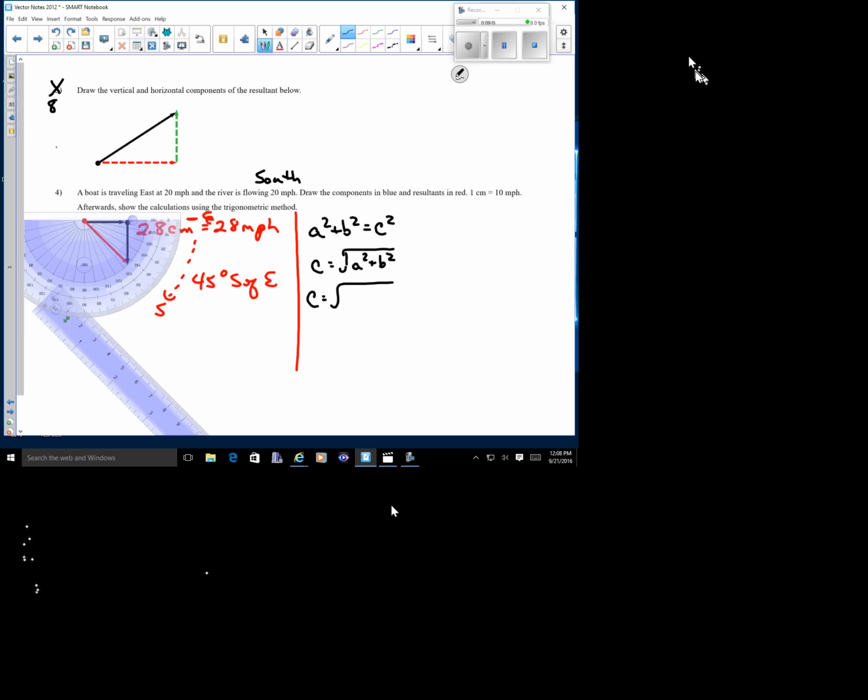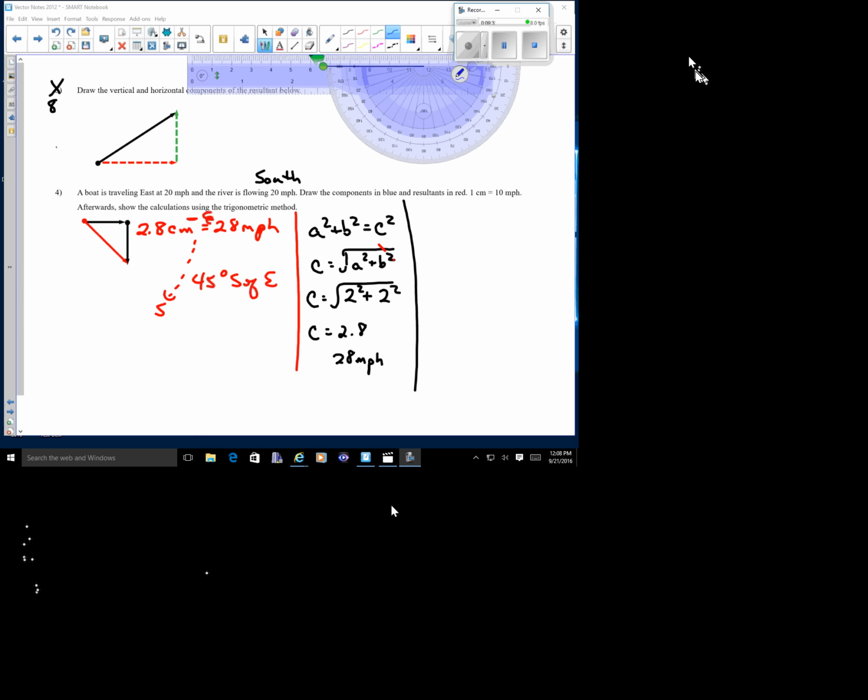You can also figure out the angle here. So let me get rid of all this protractor stuff so you can see that. To figure out the angle, we're going to use this angle right here. This would be my opposite side. This would be my adjacent side. And if you remember from trigonometry, tangent of the angle equals opposite over adjacent.